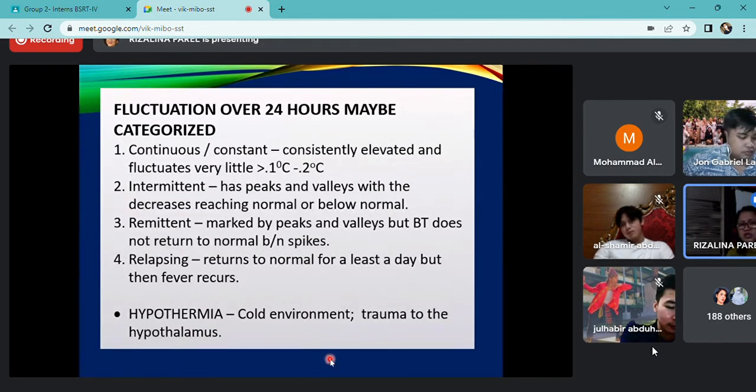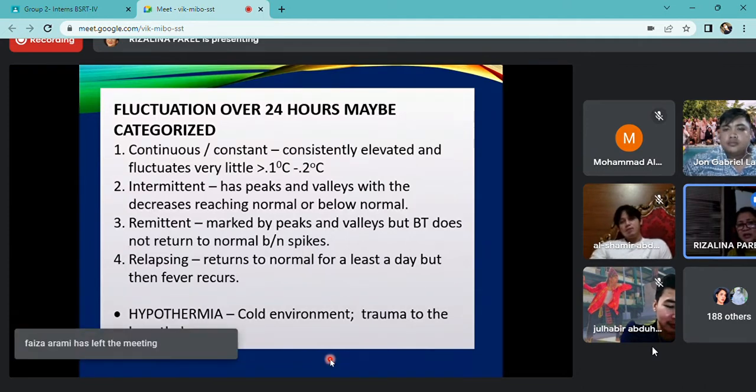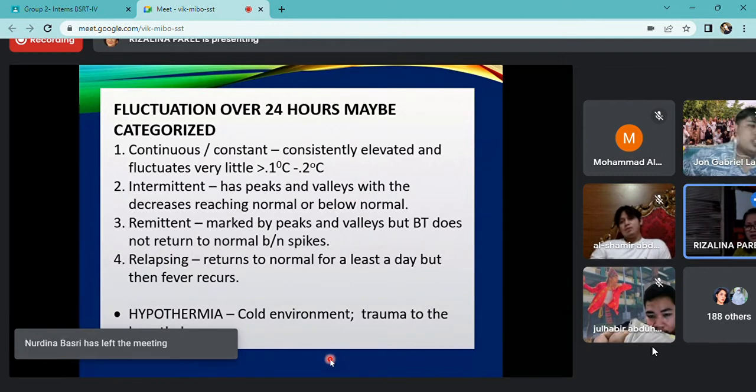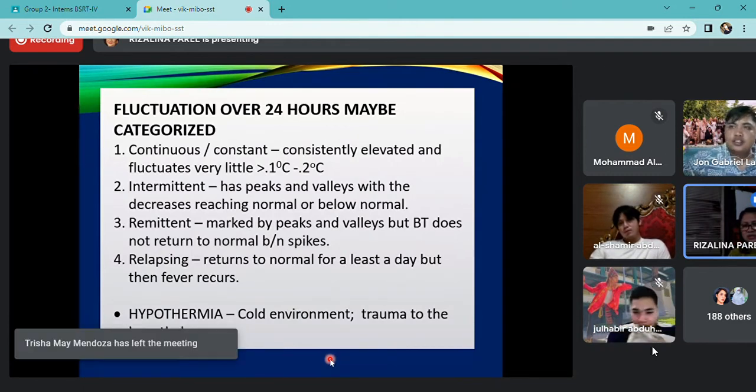For the fluctuation over 24 hours, so meron tayong continuous, constant, intermittent, remittent, relapsing na type ng fluctuation. Okay. So, sa respiratory side, tinitingnan lang natin kung ang kanyang fever ay continuous nga ba. Okay. So, we're checking on possibility na merong pneumonia kaya or may underlying na pulmonary tuberculosis.